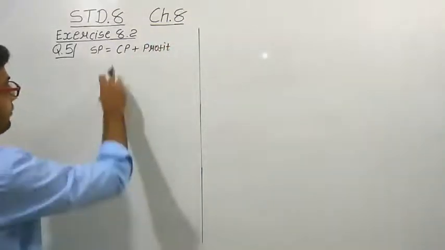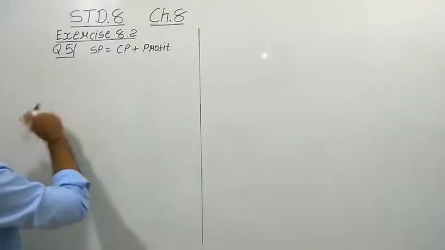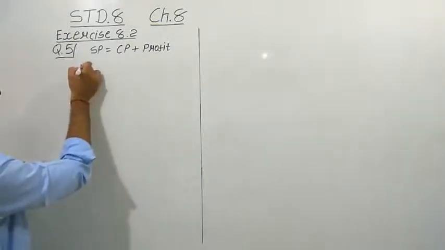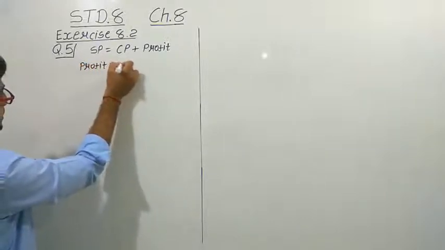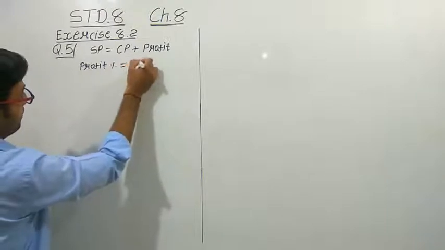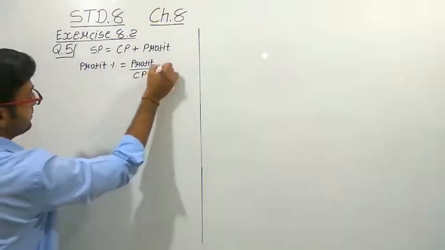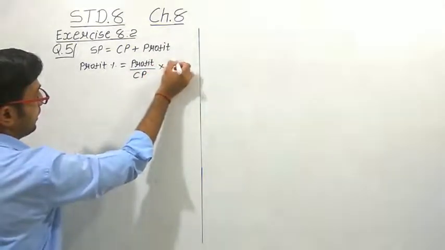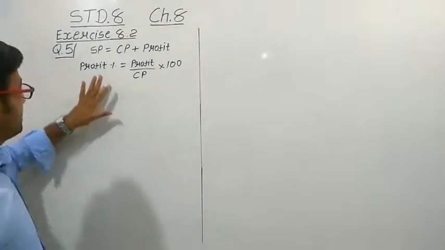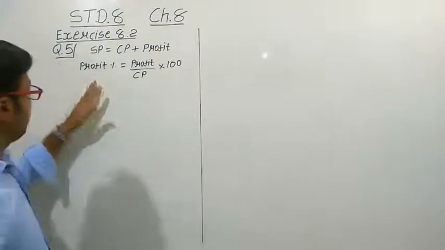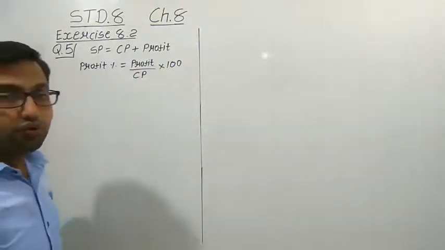And we have the formula for the profit percentage: profit percentage is equal to whatever profit we have made upon cost price into 100. This is the formula that we have already studied. If this is the formula for the profit, then the same thing we have for the loss: loss percentage is equal to loss upon cost price into 100.